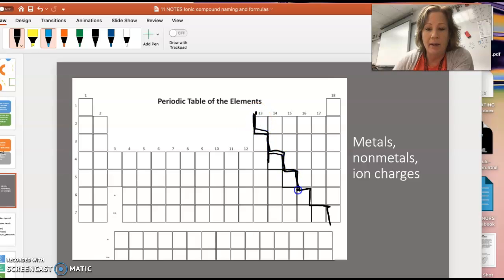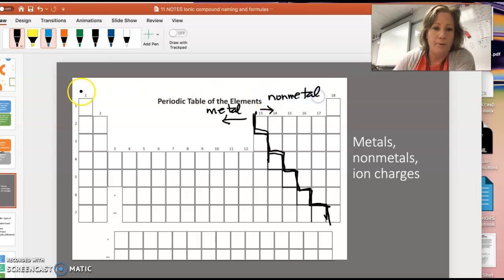Everything to the left is a metal. Everything to the right, so there aren't many, is a nonmetal. Also, poor little hydrogen, all by himself, but he's also a nonmetal.